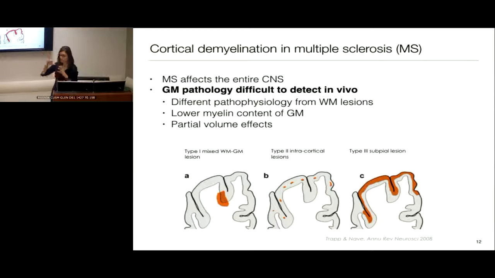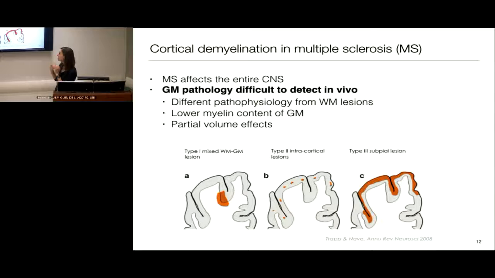So here we have the lesion types in MS of the cortex, which can be categorized into 3 different categories. You have type 1 cortical lesions that are really mixed white matter, gray matter, and those are easier to detect because of the white matter portion of it. Then we have the type 2 small intracortical lesions, which are really difficult to see and tend to be around a blood vessel.